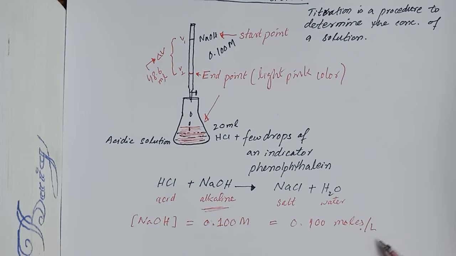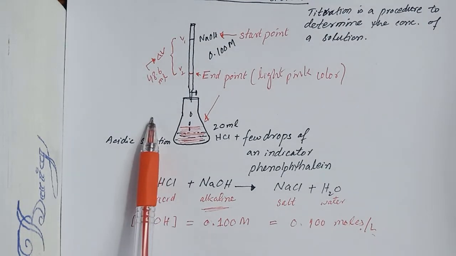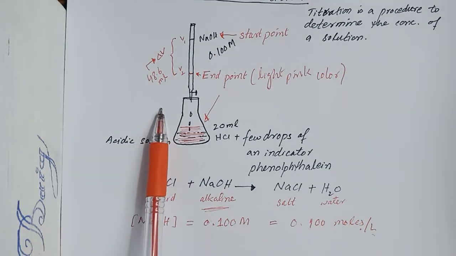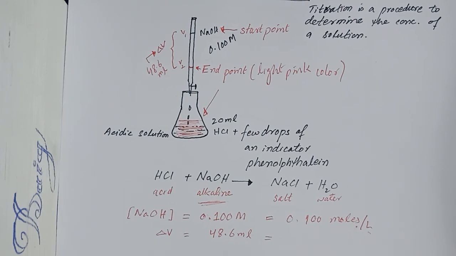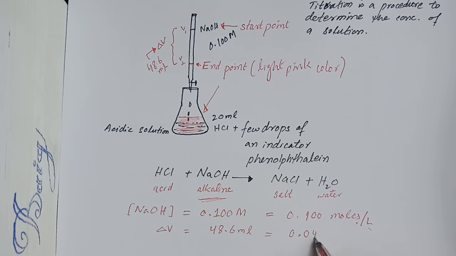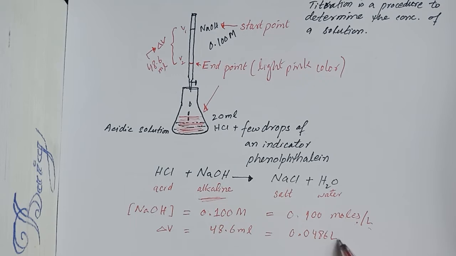As the concentration is per liter, we have to convert the volume of sodium hydroxide that has been used to neutralize the HCl into liters. How much volume have we used? 48.6 milliliters. That must be equal to 0.0486 liter. So we need to divide this volume.